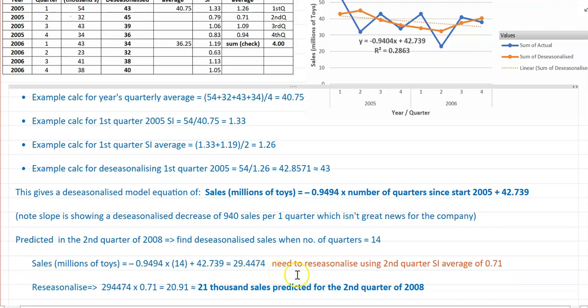And remember, you need to re-seasonalize that using the second quarter seasonal average of 0.71, so from our table up here. And that gives us a re-seasonalized sales of 20.91, which I've rounded to 21,000 sales predicted for the second quarter of 2008.